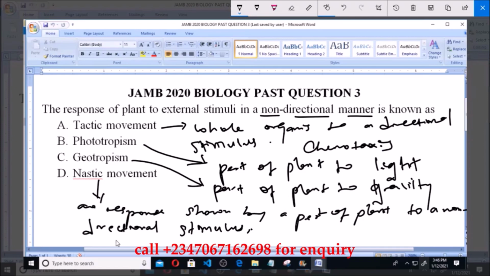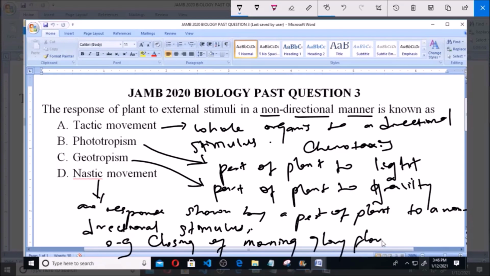An example of nastic movements includes the closing of the leaf of the morning glory flower when light intensity is low. It is a nastic movement because part of the plant responds to a non-directional stimulus, and so therefore option D is the correct answer to this question.